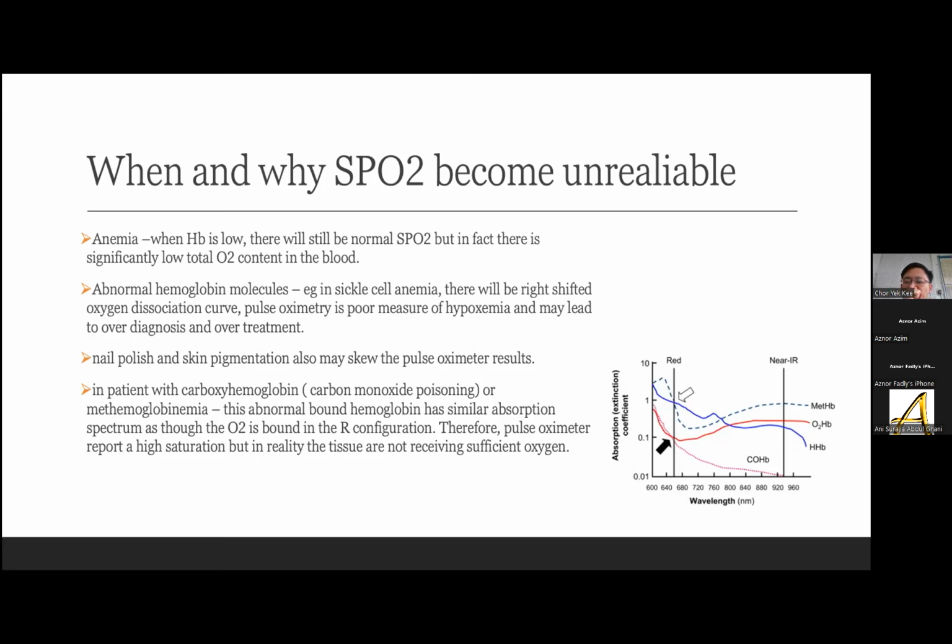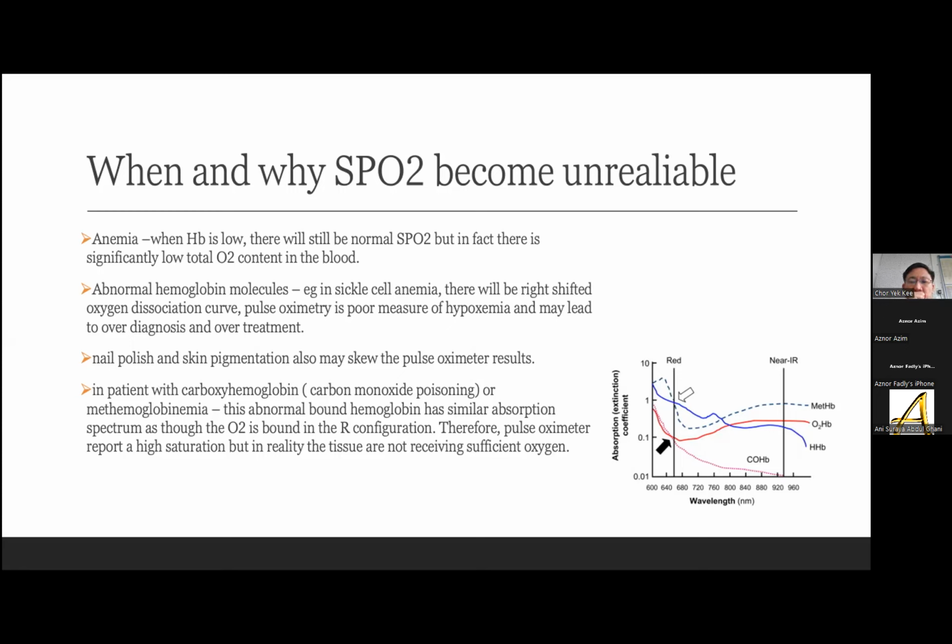The fourth condition is in patients with carboxyhemoglobin or methemoglobin. These two conditions shift our oxygen dissociation curve towards the left side. Therefore, our pulse oximeter may falsely report a very high saturation, but in fact, the tissues are not receiving sufficient oxygen.